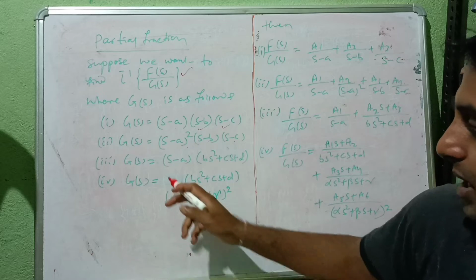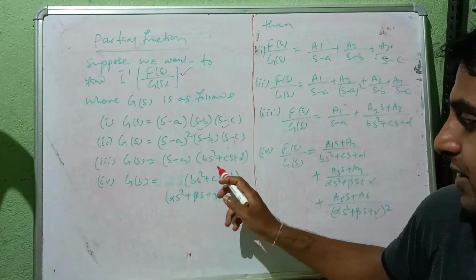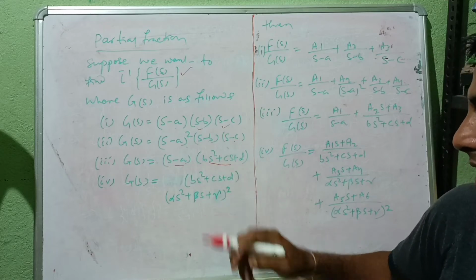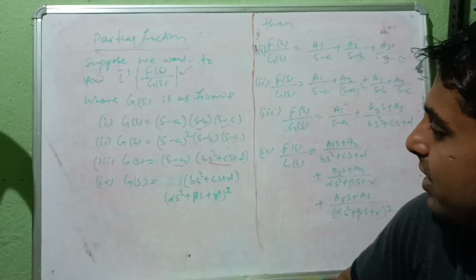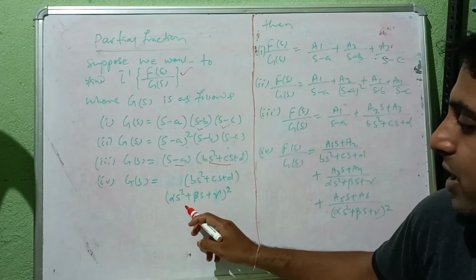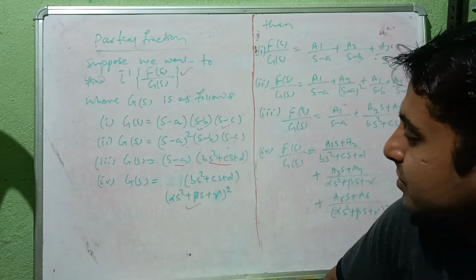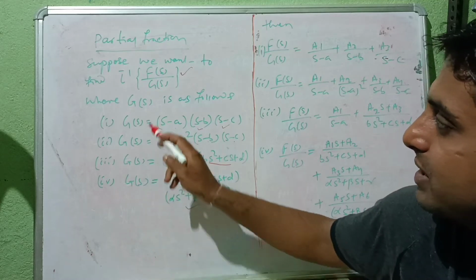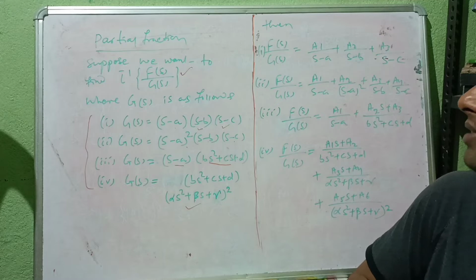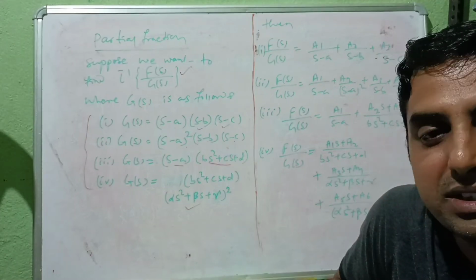In the third case, it may be (s minus a) into a quadratic, that is a product of a linear factor and a quadratic. Or it may be a product of two quadratic factors, or a square of a quadratic factor.